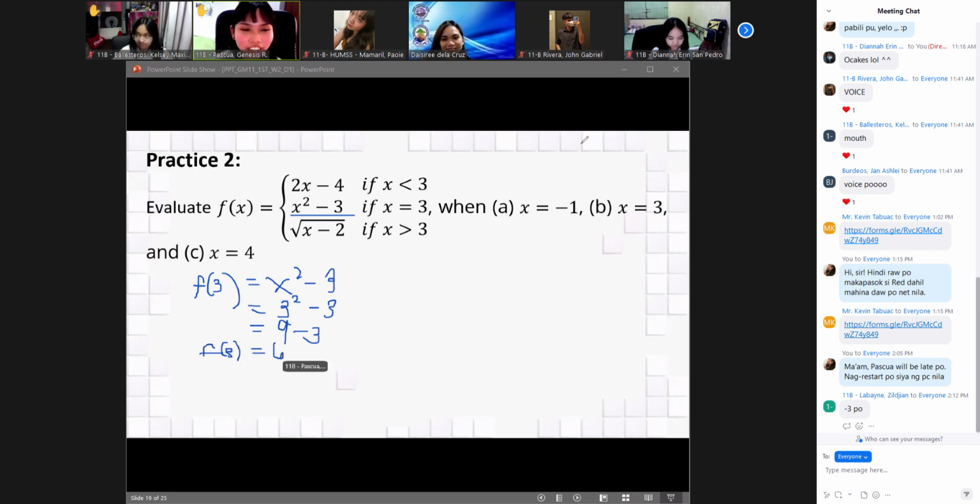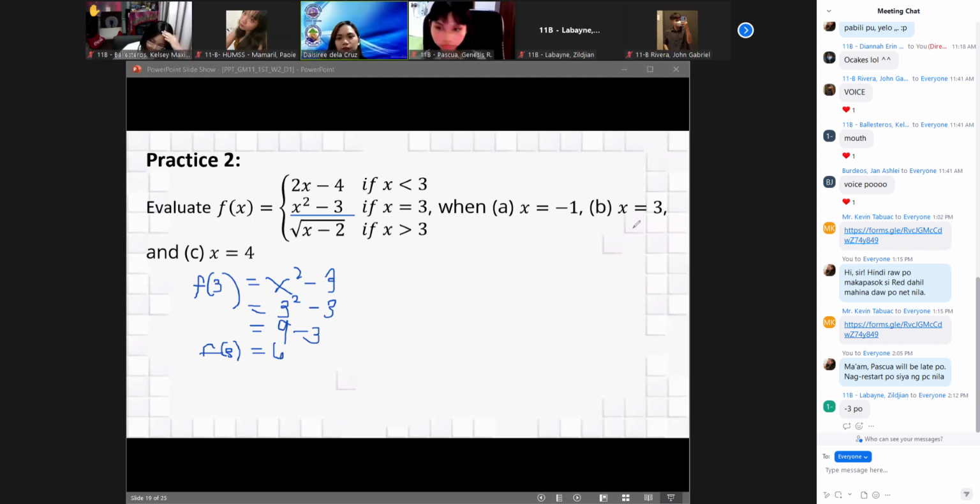Okay, so ayan, the final answer is positive 6. Therefore, f of 3 is equal to positive 6. Okay. So now let's check kung yung sagot ni Jen is correct. Since ang given natin for letter B is x is equal to 3, we're going to use yung function na f of x is equal to x squared minus 3.